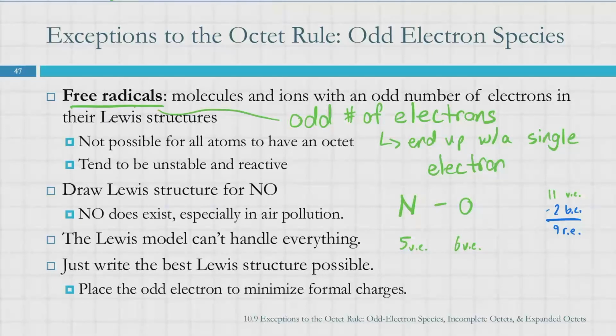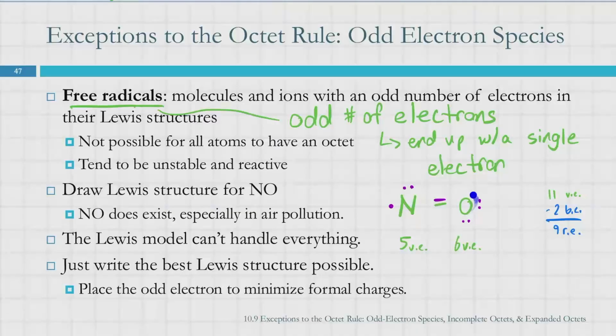We're going to dish out six to oxygen, 3 to nitrogen, perhaps. And that should use up all of our electrons. 2, 4, 5. Nitrogen only has 5 electrons. We need to move one of these in to form a double bond.